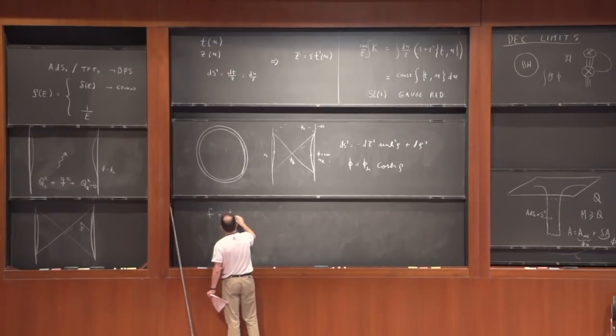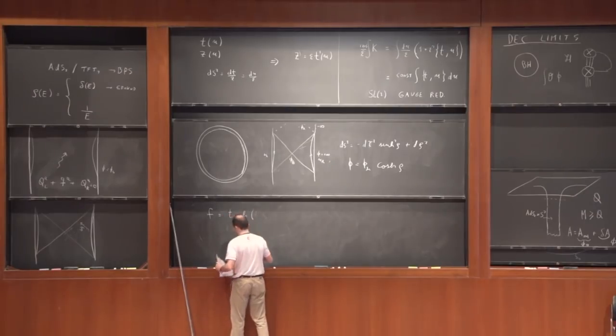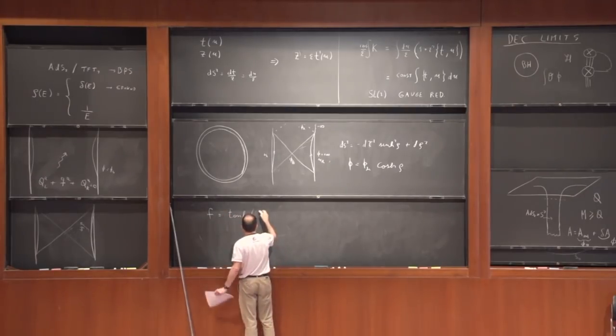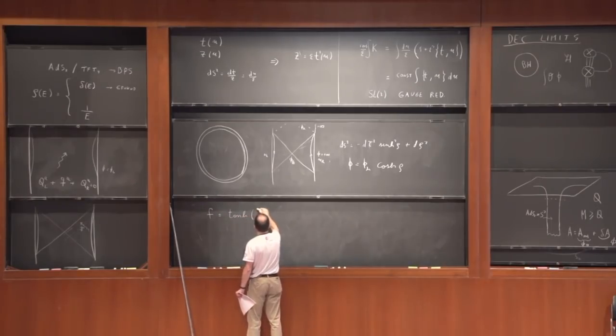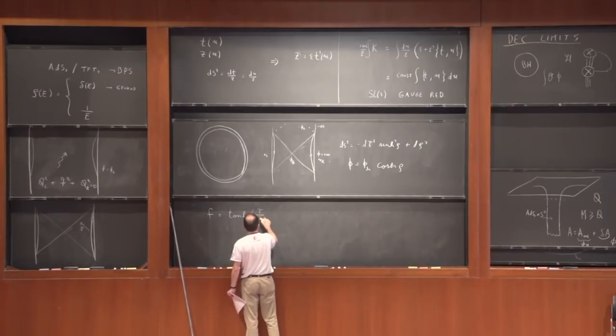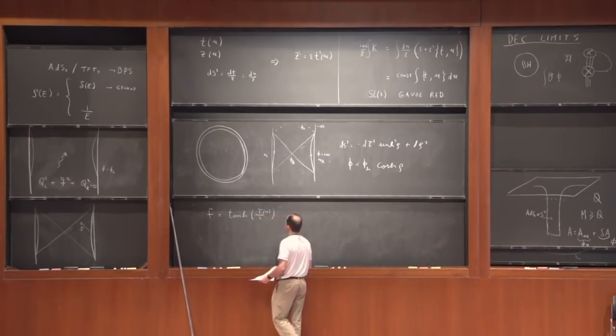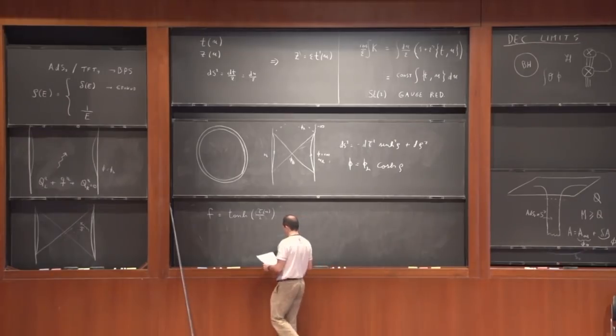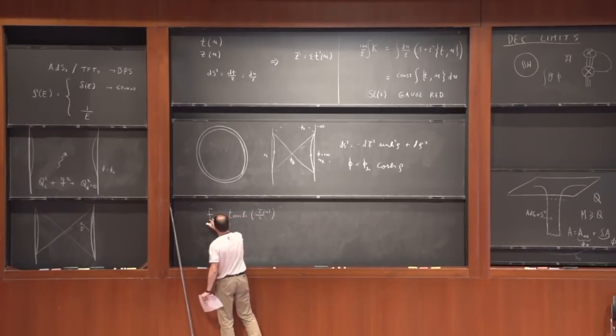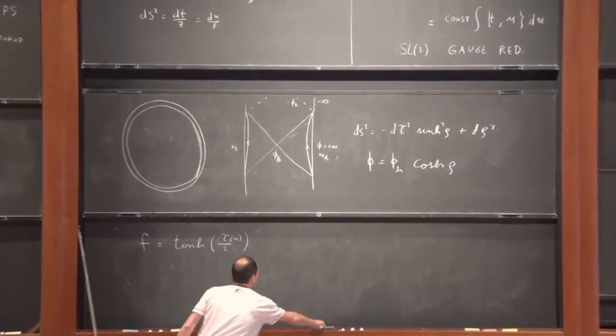So when we are at finite temperature, it's useful to write f in terms of some Rindler time variable, t of u, let's say over 2. So u is the physical time, and t is something that we'll think of as the Rindler time in this diagram. And then f is analogous to, sorry for the confusion.